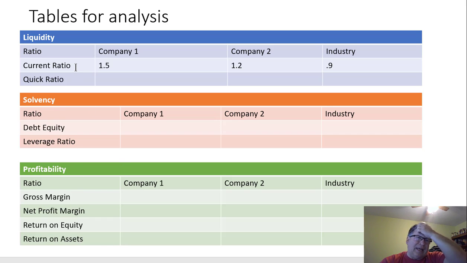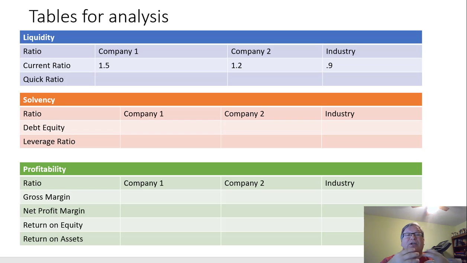So under liquidity, there are two ratios that they provide, the current ratio and the quick ratio. They also provide debt equity and leverage for solvency, and they have the gross margin, net profit margin, return on equity, return on assets.